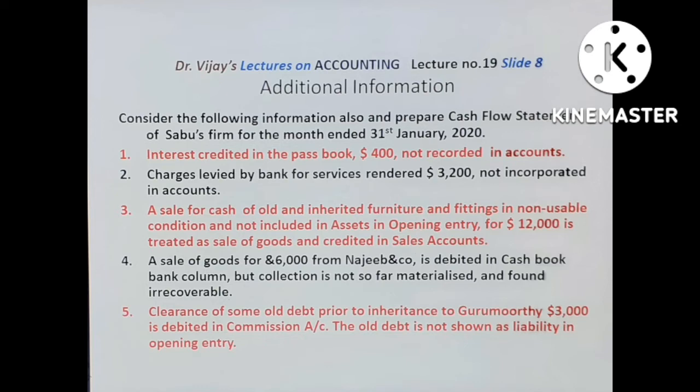It was a debt before inheritance, but it was not shown as a liability in the opening entry. It is actually paid now, and the amount paid is debited in the commission paid account. The rectifying entry passed is capital account debit to commission paid account.